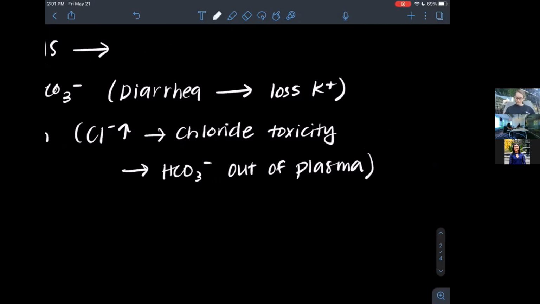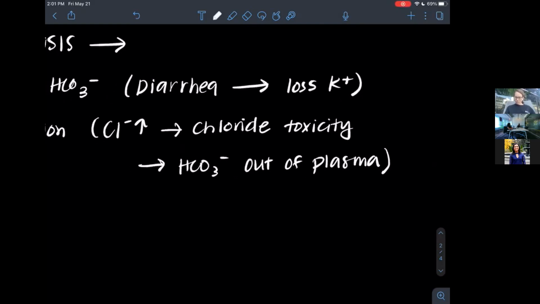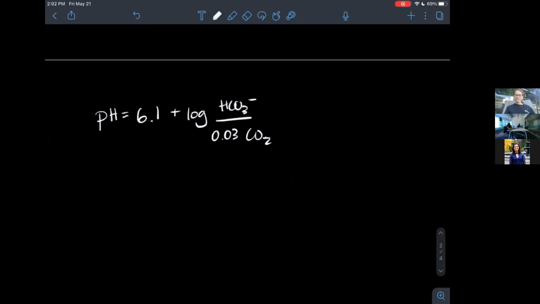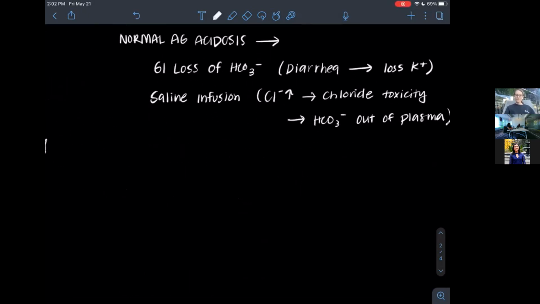You already have one anion, you don't need the other, so it's going to push it out of the plasma. And when you have low bicarb concentration, your overall concentration of CO2 and bicarb is going to cause that acidosis.